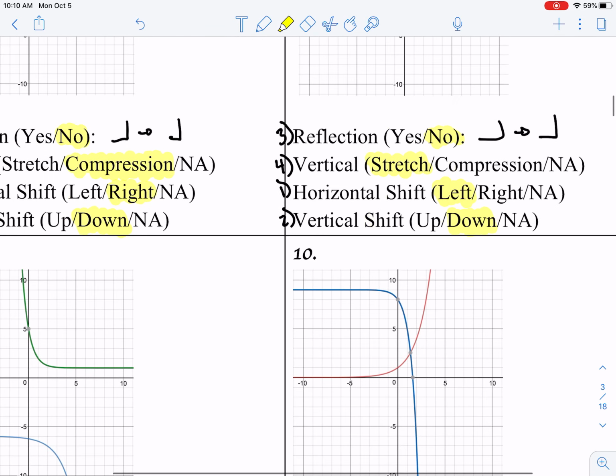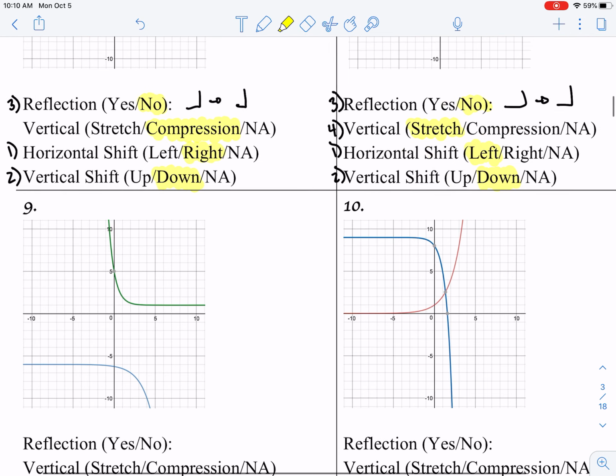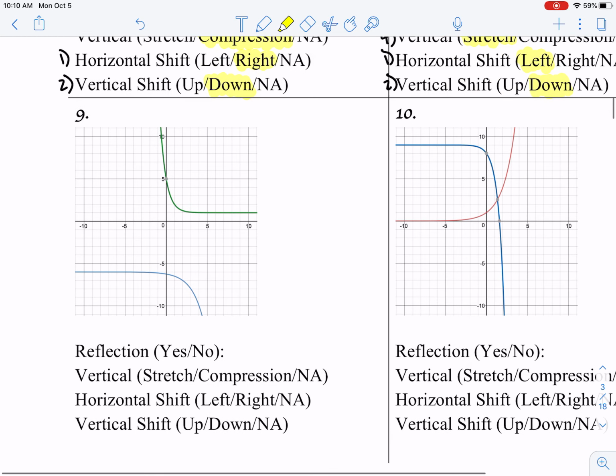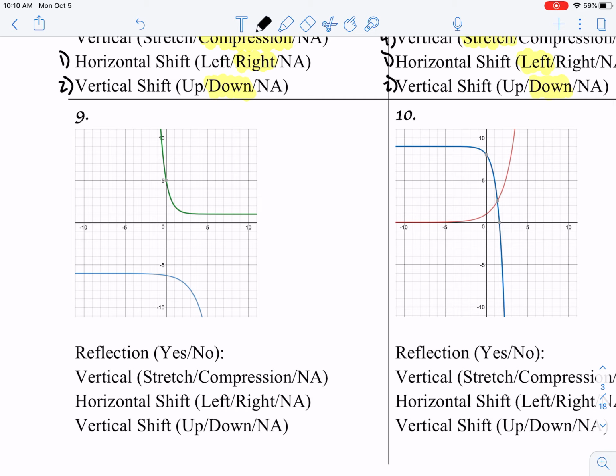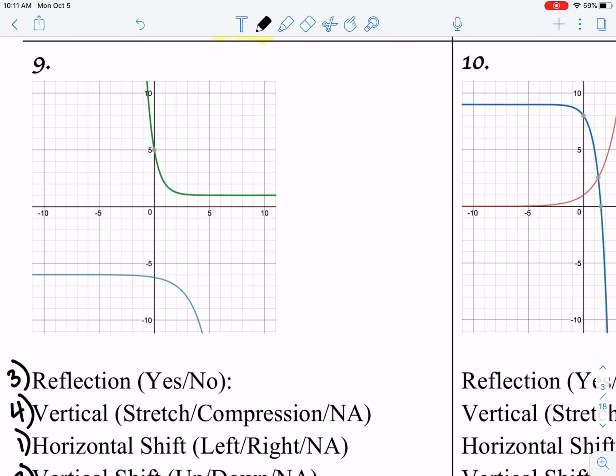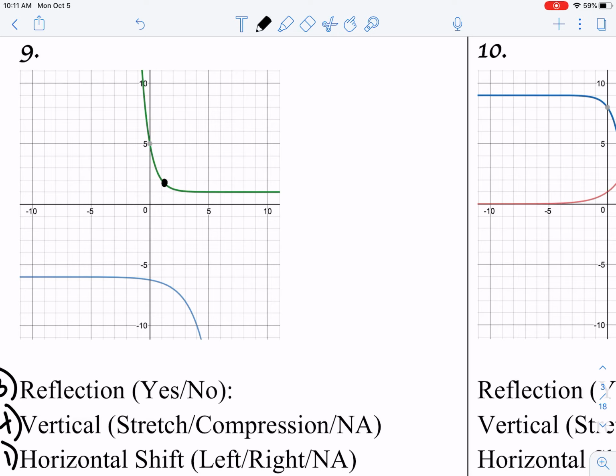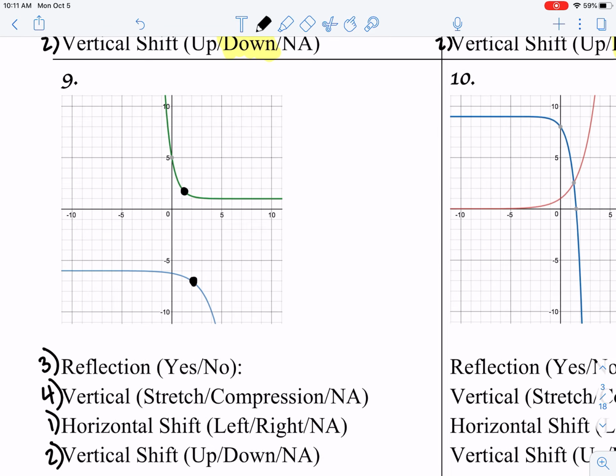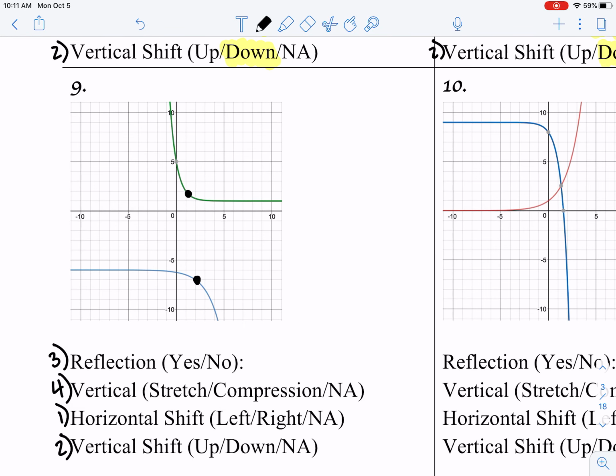Again, I'll do one more example and tie up this video. Number 9. I'm going to start with my shifts, then reflections, and end on stretches, just because I still think they're the hardest. Again, I'm going to pick out 2 of the points, and this time I'm going blue to green as well.